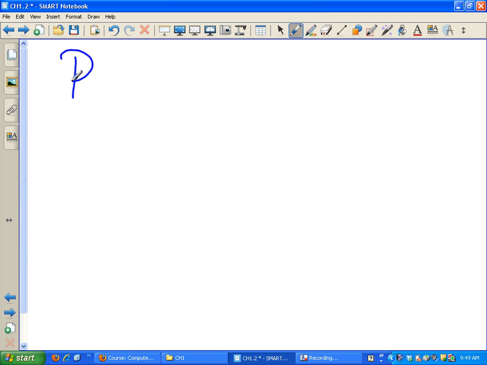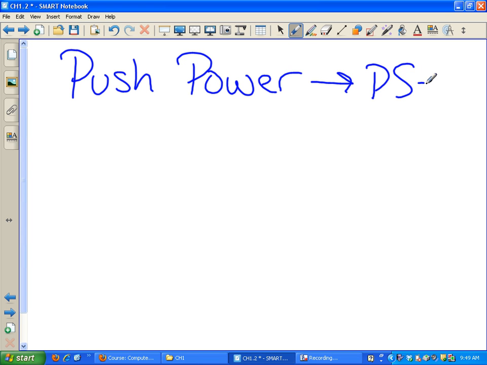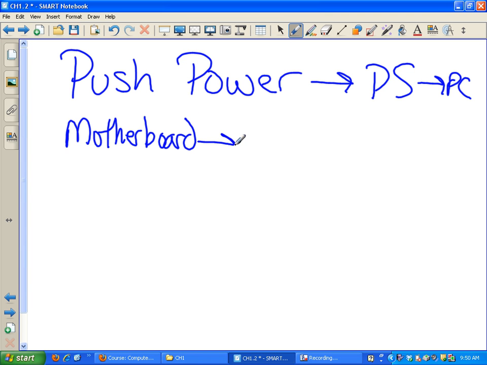So I push the power button, and that sends a signal to the power supply to add power to the PC. That kind of starts the sequence of events. As soon as that happens, a signal starts to go around the motherboard, and really it turns on the motherboard, which starts a program that we probably have never even really paid attention to before.